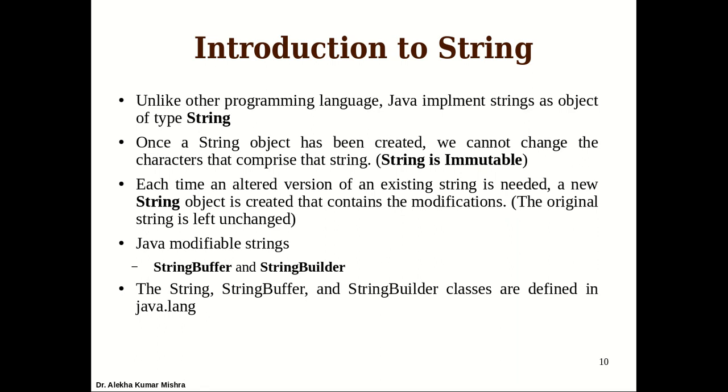We have both options here: we can use an array of primitive type, an array of characters, to handle a character array. But for handling all operations on strings, it is Java's String class which gives us the best. Unlike other programming languages, Java implements string as an object.